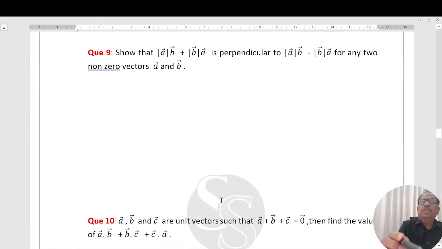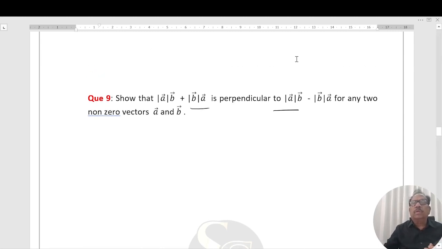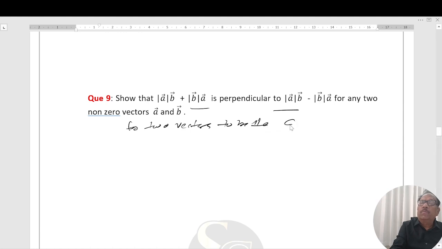Show that this vector is perpendicular to this vector. We know for two vectors to be perpendicular, A dot B equal to 0.